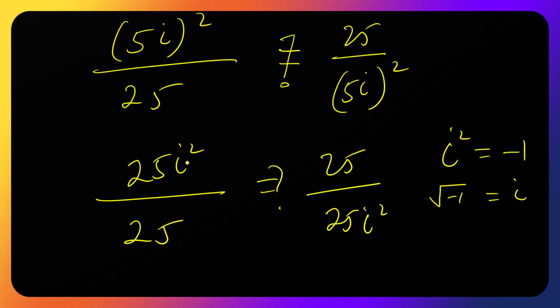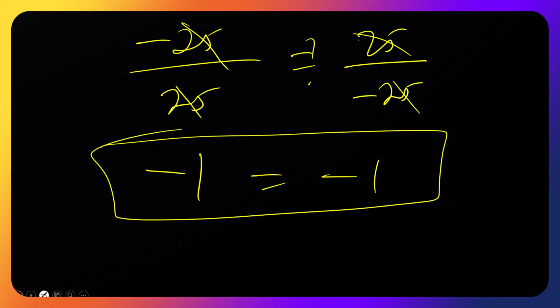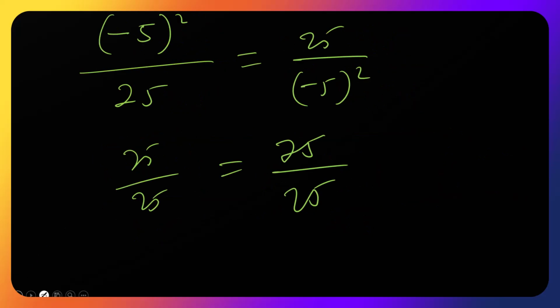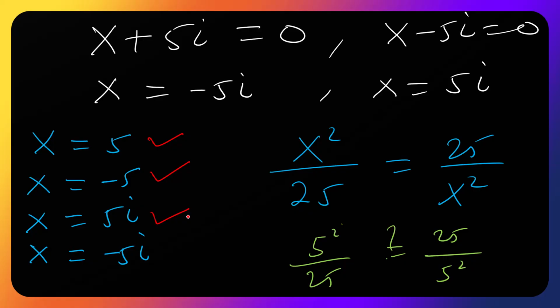Now i squared is negative 1, so that will be negative 25 on 25, and this side will be 25 on negative 25. So this side will cancel, leaving negative 1 here. This one will cancel, leaving negative 1 here. And we can conclude that the 5i is also correct.